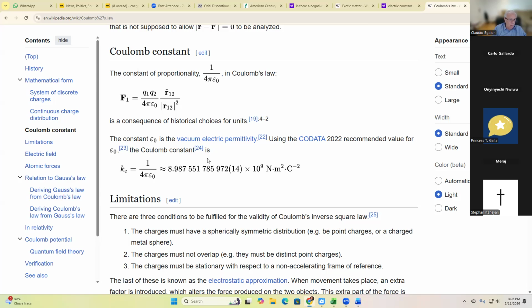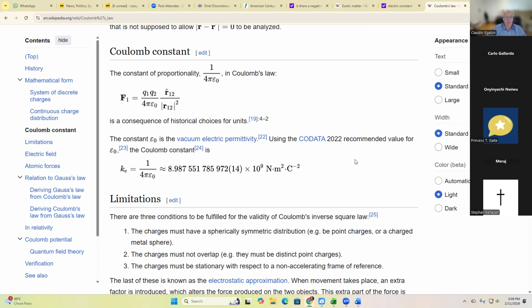0.987551 minus 9, divided by 8.987551, multiplied by 100. Wow, it's a tenth of a percent only, 0.13%.